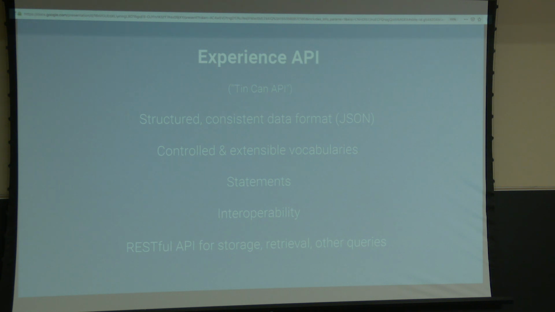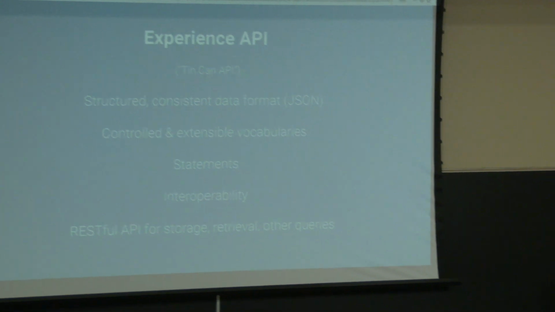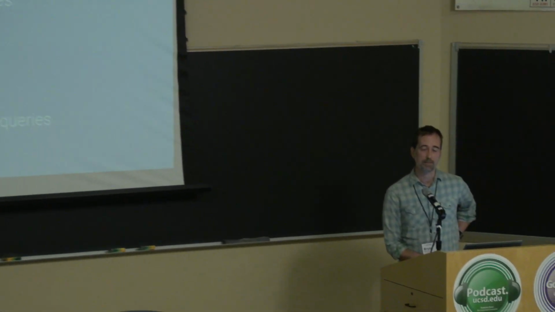These are vocabularies for a domain. A domain might be online learning with an LMS, for example. And xAPI also provides a REST-based way to get and store and also query about statements and the data that they represent. So we'll get into some of the specifics.